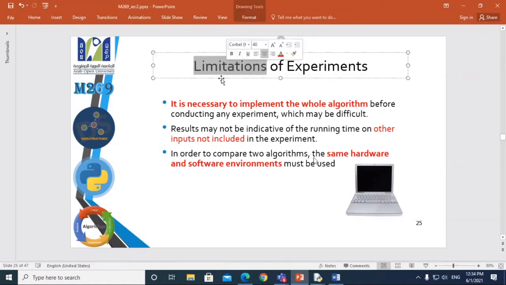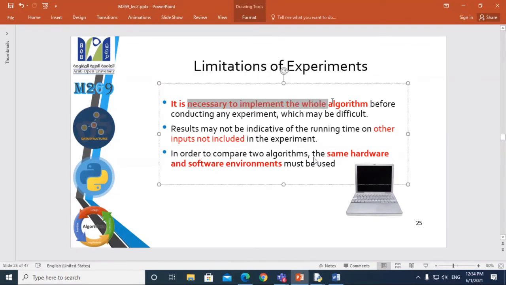These are limitations, disadvantages, drawbacks. It is necessary to implement the whole algorithm. Does it mean I make an algorithm and a program, then test it and it turns out slow, so make another one, then a third, then a fourth? It's not logical, so they came up with a new idea.